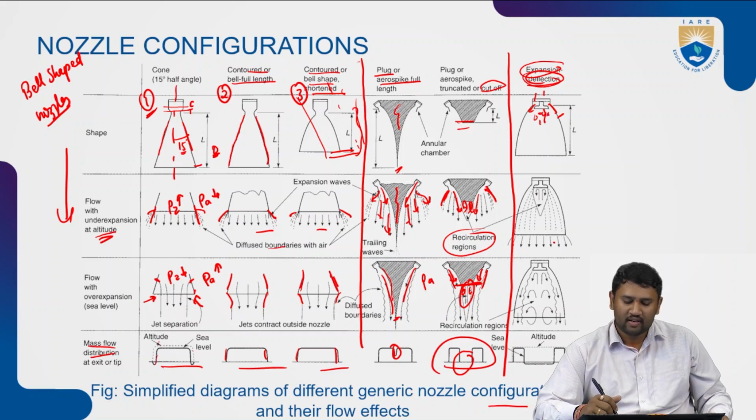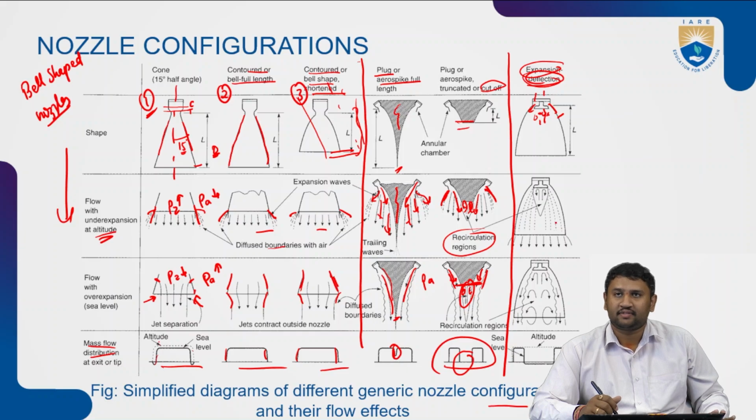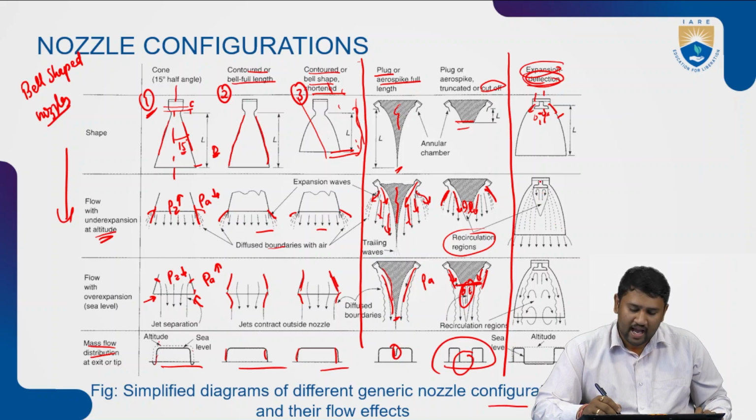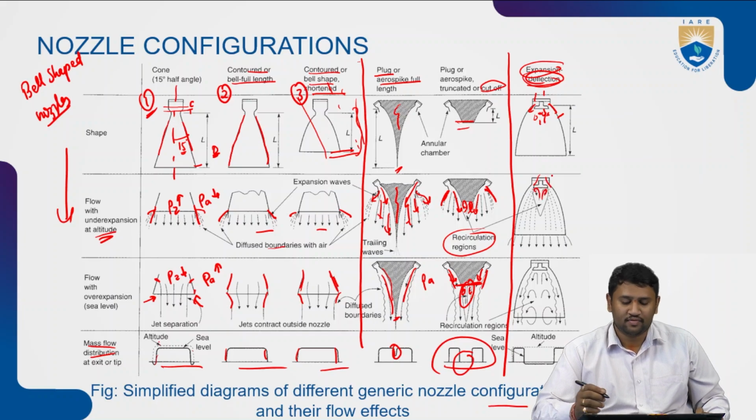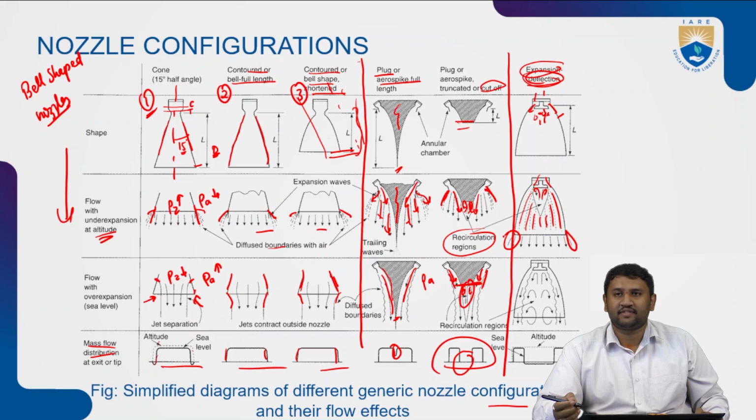Now, at an altitude, what happens? As the gases are getting deflected, there is the formation of a recirculatory region that is known to us. Now, what happens to this? The gas tends to push out, right, as well as it tends to diffuse out, creating an expansion wave.